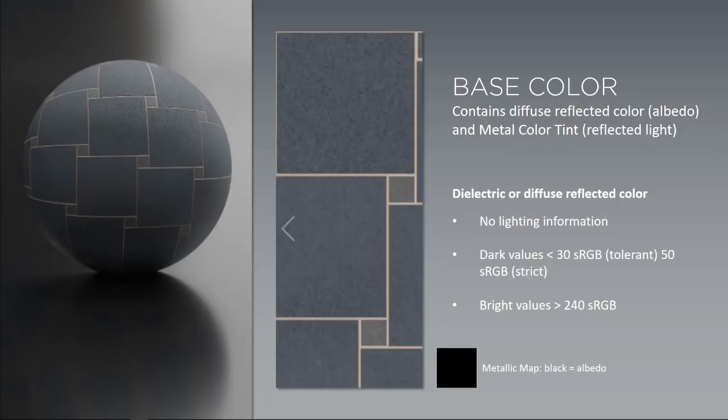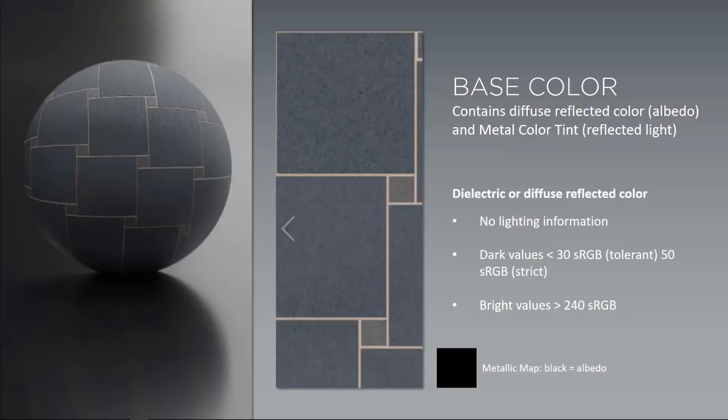You might be tempted to author that in sRGB as 000 black. That would actually be incorrect, because we're never going to have just a black value in our base color or albedo. So I like to give a guideline here that your dark values should never go lower than 30 sRGB.